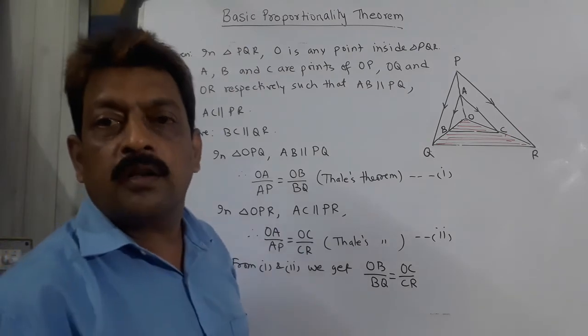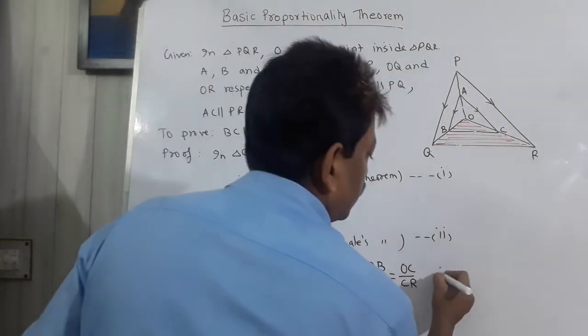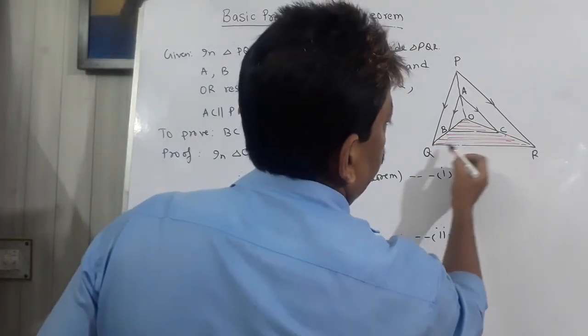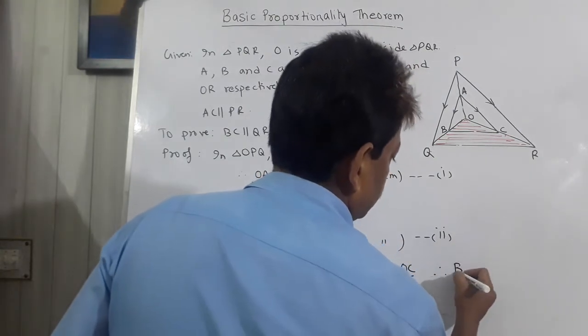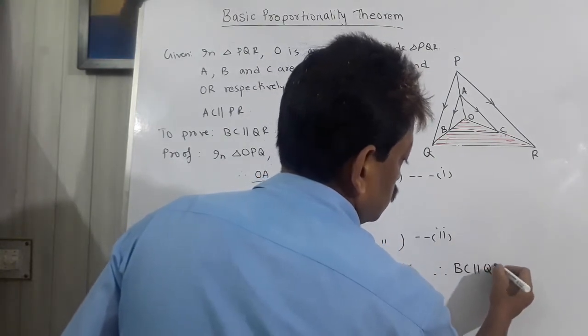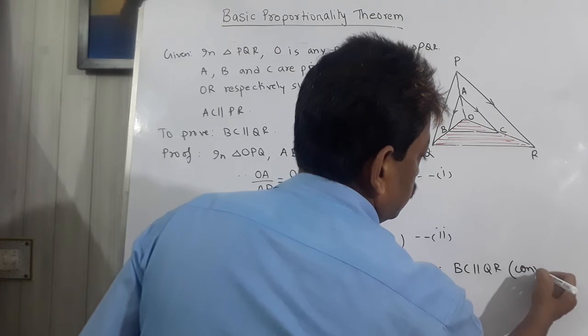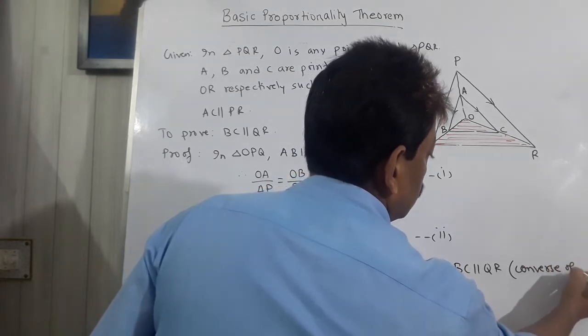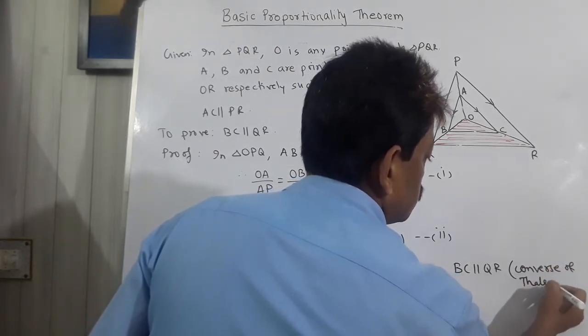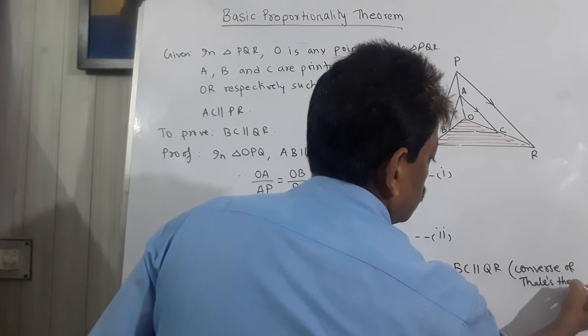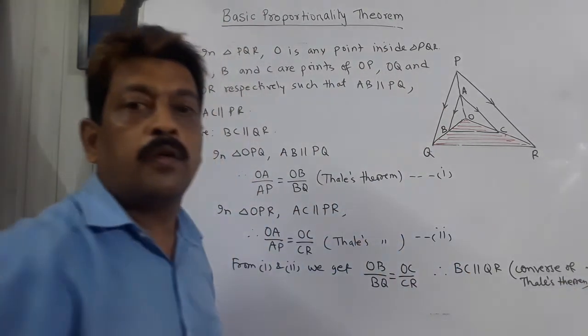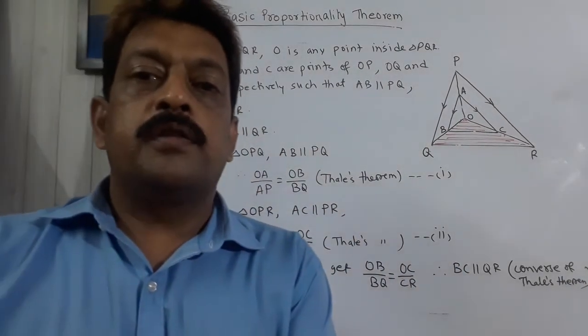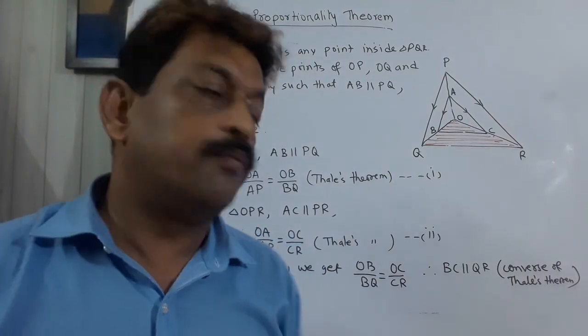So by using the converse of Thales theorem, we can write BC parallel to QR. Converse of Thales theorem. Hence, the theorem is proved.